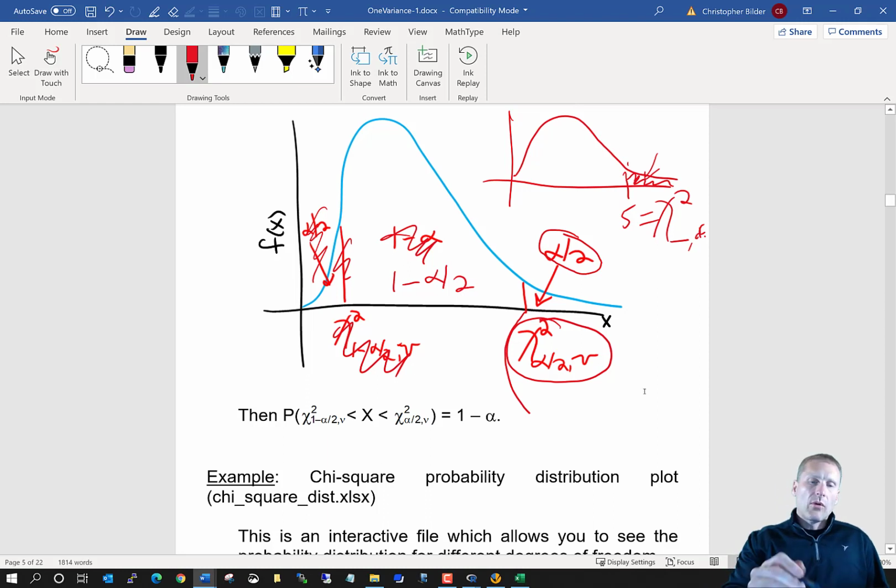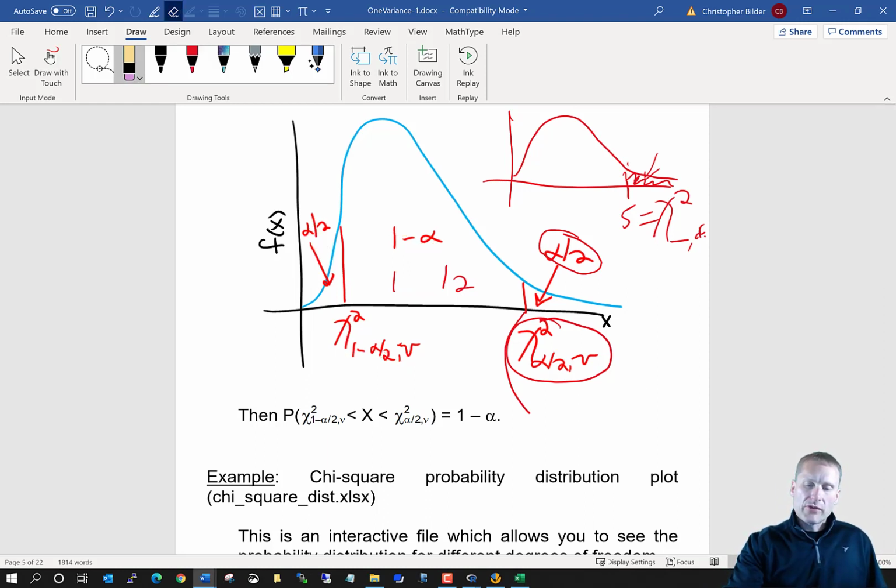And so what one could do also is think of it from the other direction too. So we could have 1 minus alpha divided by 2 in the actual subscript there. That means the area to the right of this particular number underneath the curve here is 1 minus alpha divided by 2. The area to the left is alpha divided by 2.